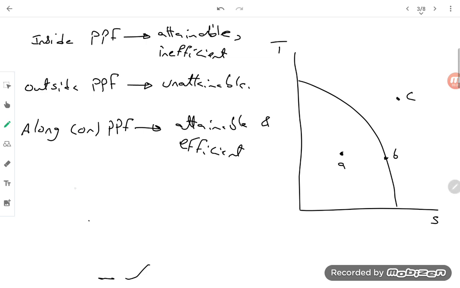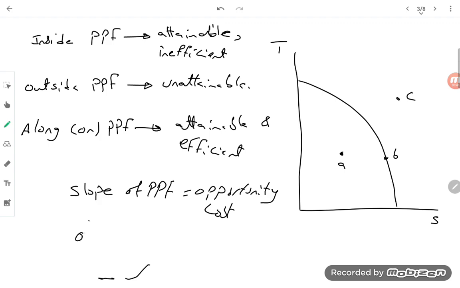The slope of PPF is the opportunity cost. And as you know, opportunity cost is calculated as what you give up over what you get.